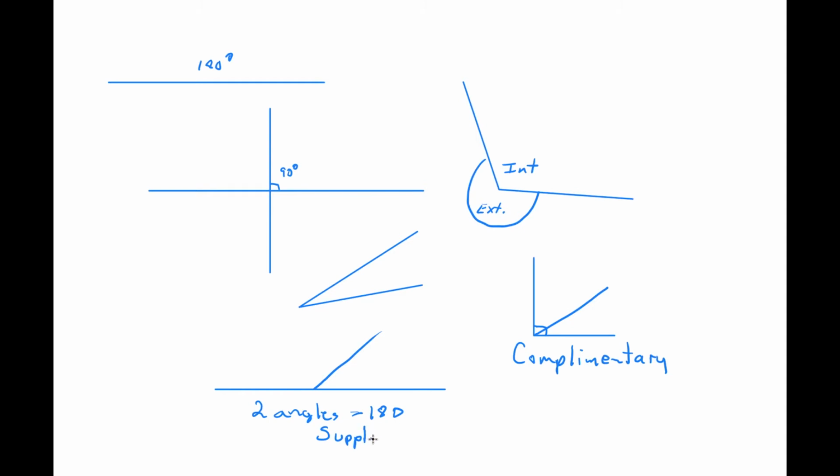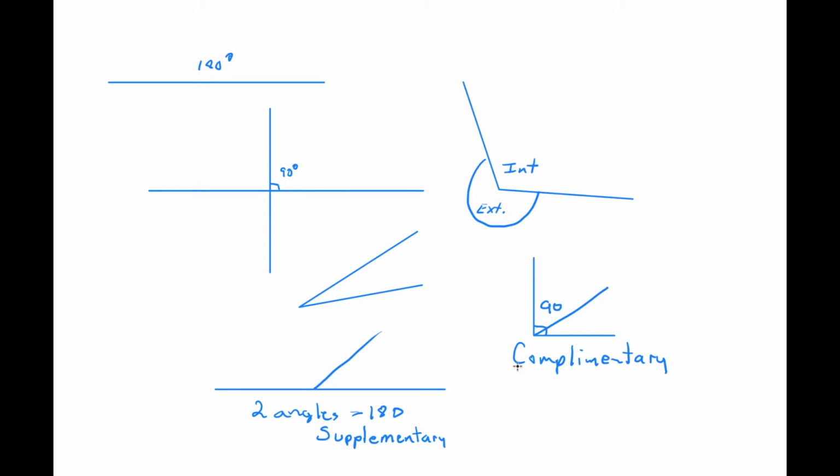The thing that helps me to remember the difference is that mathematically or numerically, 90 comes before 180 on the number line, right? You have 90 and then eventually get to 180. C comes before S in the alphabet.